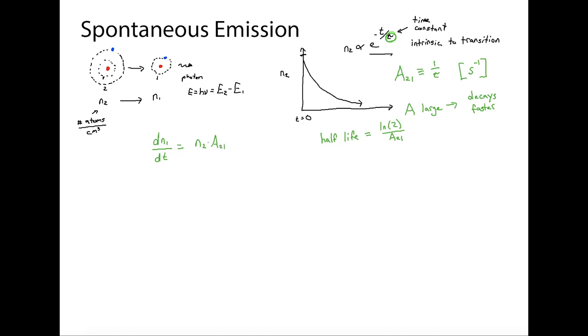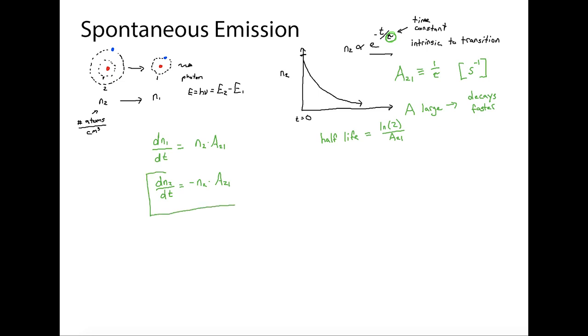And of course, this also governs how many are in the excited state. The rate of change of the number density of atoms in the excited state with respect to time is equal to minus N2 times A21, because every emission process moves one of our atoms from the n equals 2 state to the n equals 1 state, and therefore robs the n equals 2 state of one of the atoms.